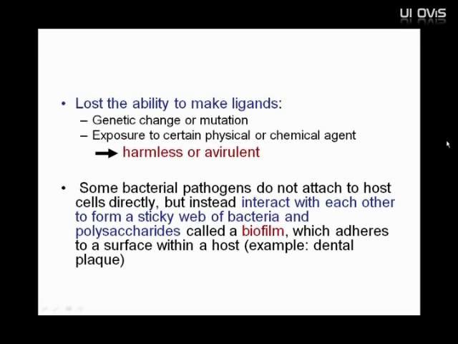Loss of the ability to make ligands can happen because of genetic change or mutation, or exposure to certain physical or chemical agents, and the loss will make the microbes harmless or avirulent. Some bacterial pathogens do not attach to host cells directly, but instead interact with each other to form a sticky web of bacteria and polysaccharides called a biofilm.